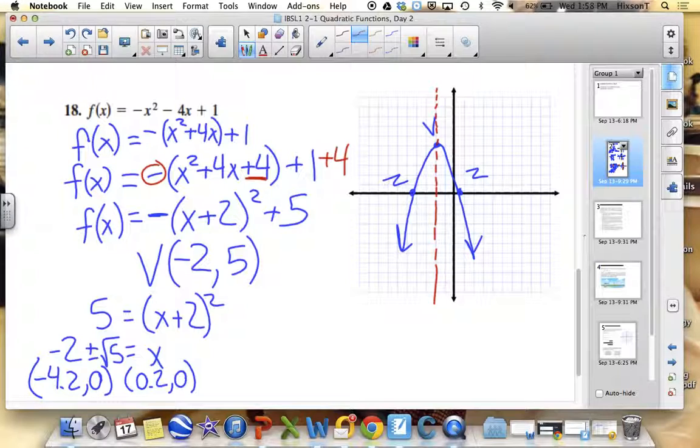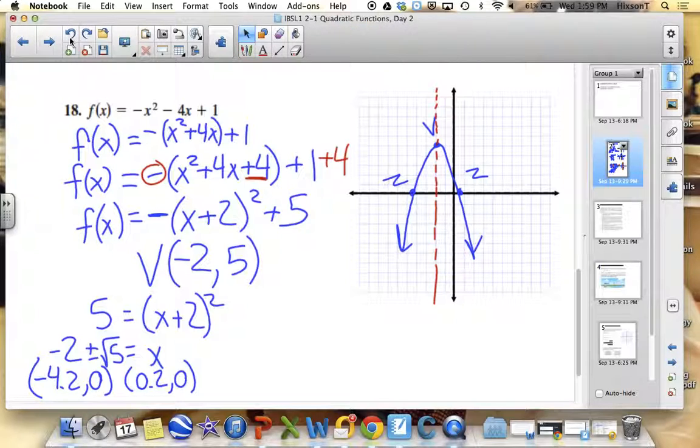Think about my axis of symmetry. Let's say I accidentally got my signs messed up and I got positive 4 and negative 0.2. Does it make sense to have zeros there and there when my vertex is over here? No. So, keep in mind what we've learned to make sure your answers make sense.